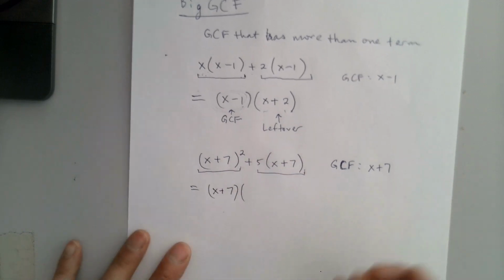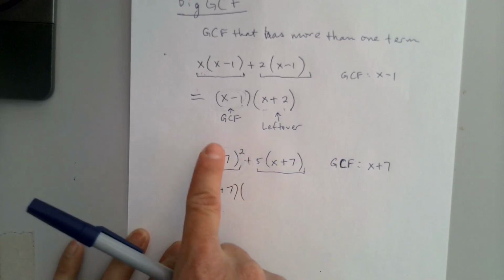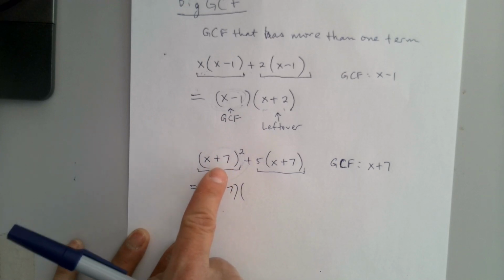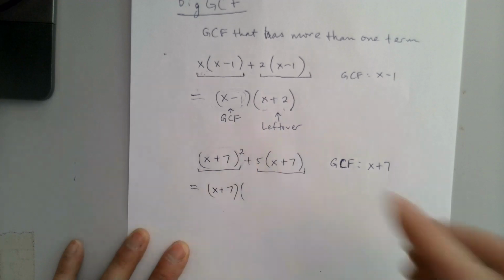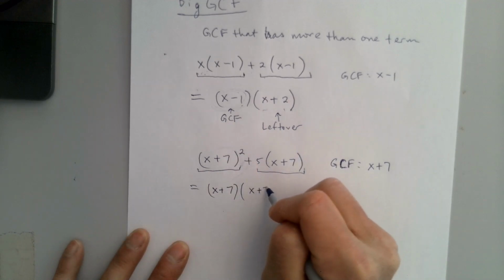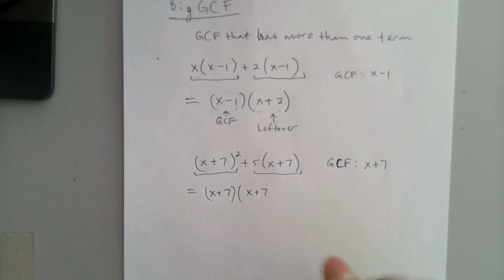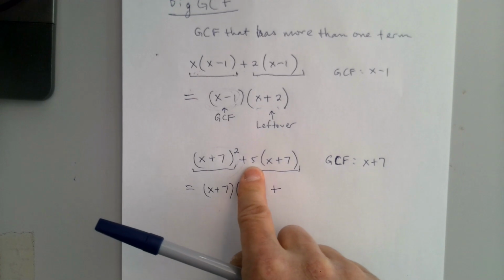But the leftover, you have to be a little careful, because is there a leftover here? When I take out an x plus 7, what remains? Another x plus 7, because remember, there were 2 of them here. So x plus 7 is the first thing that remains. And then from the second term, the 5 is remaining.